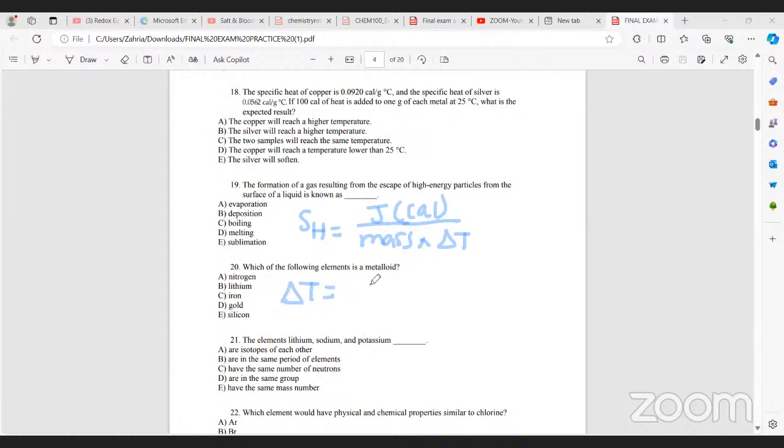So the formula is going to become your joules over your mass times your specific heat. Again, you're looking for the change in temperature, so it's going to be your calories on the top divided by your mass times your specific heat.